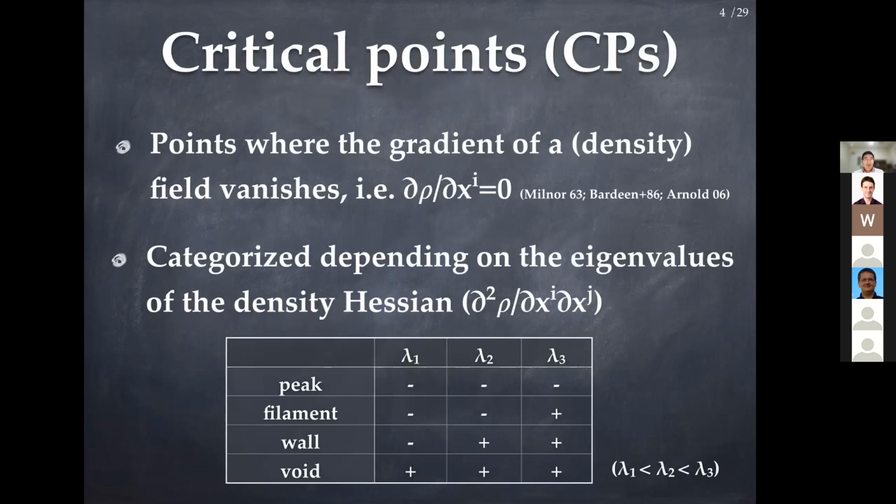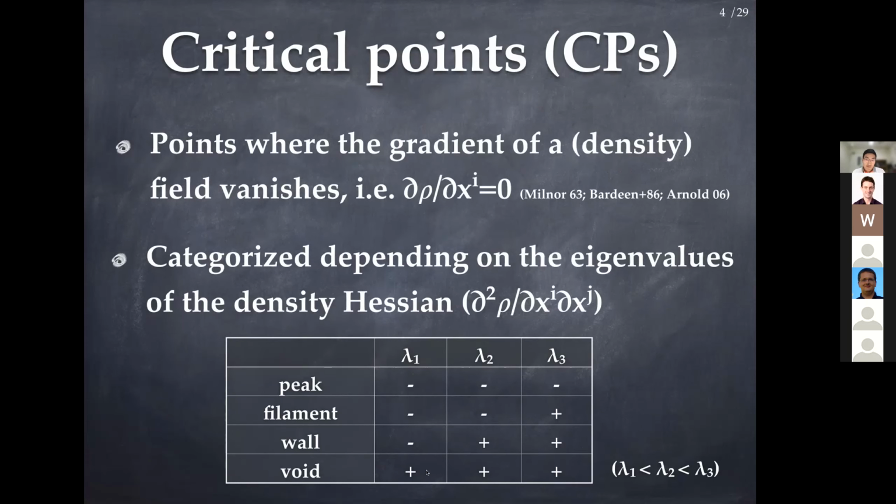So how do you actually define critical points? It is a point where the gradient of the density field vanishes, and there are 4 different types of critical points based on the signs of the eigenvalues of the density Hessian. And these eigenvalues give you some sense of the behavior of the density around each critical point.